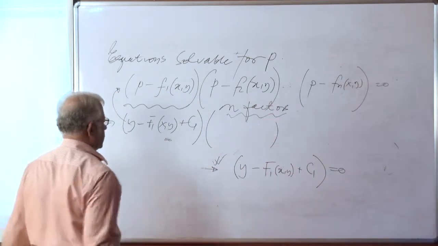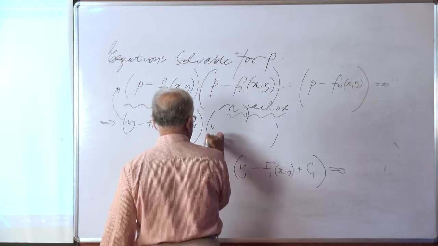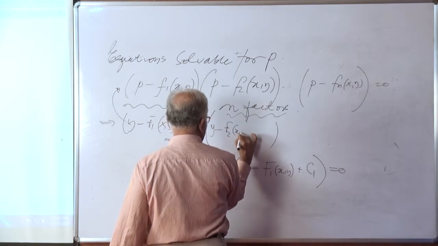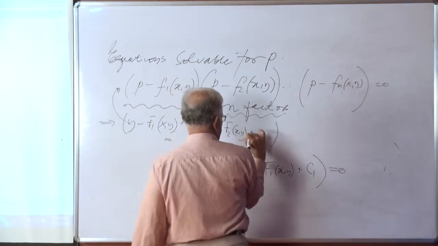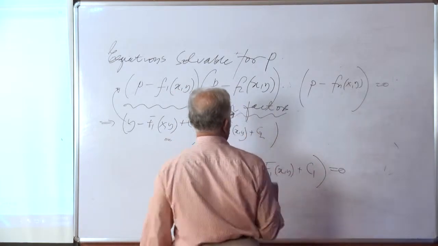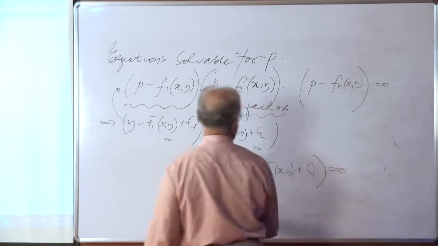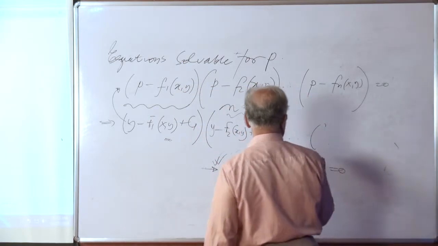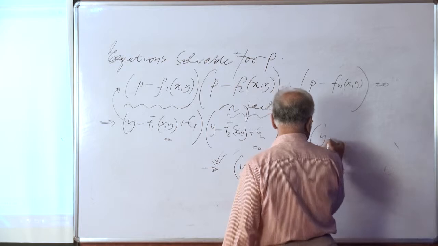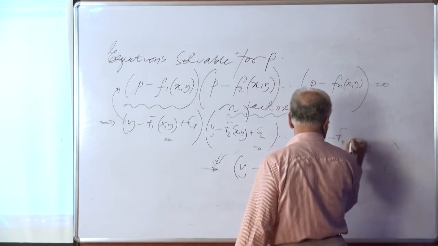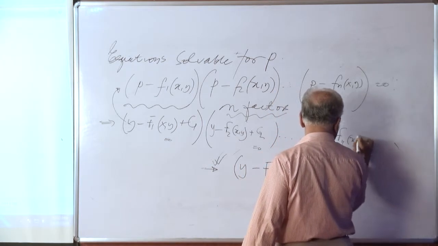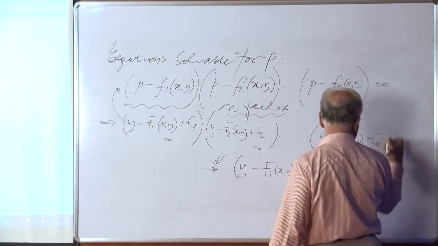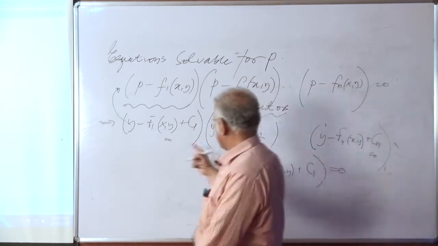So the solution is y minus f2 xy plus c2 equal to 0. And like that we go on till we write y minus fn xy plus cn is equal to 0. So each of these is a solution.